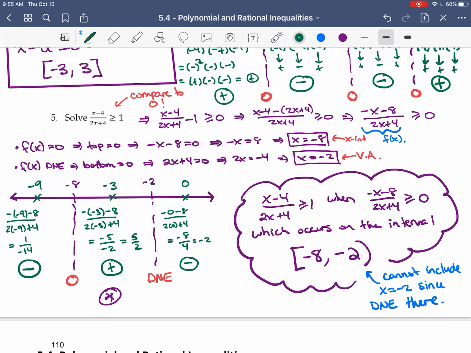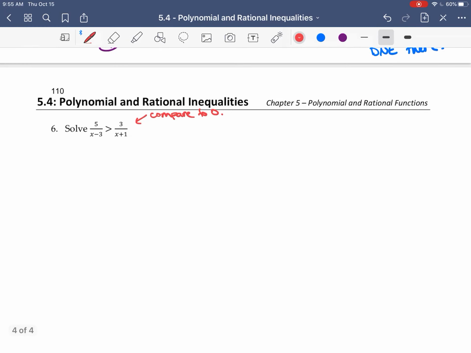Okay, let's try another one. We're going to do a similar thing. First we start by shifting everything to one side. So it's 5 over x minus 3 minus 3 over x plus 1, and that should be bigger than 0.